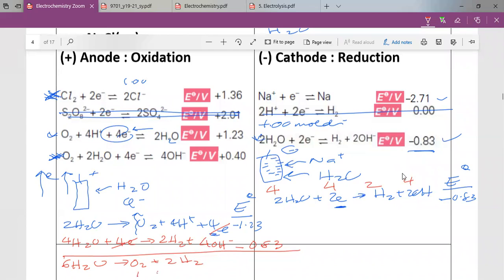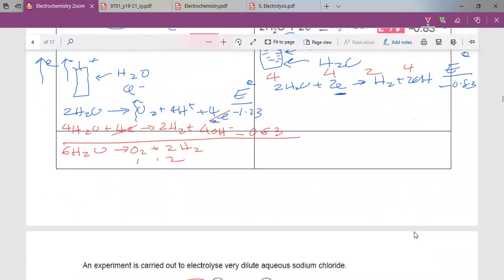So it's 1:2 ratio, plus 4H plus 4OH minus. Basically, you want to count this 4 here, which is actually 4H2O. So you can put down 2H2O becomes O2 plus 2H2. So 1:2. Balance it: 4 hydrogen, 2.